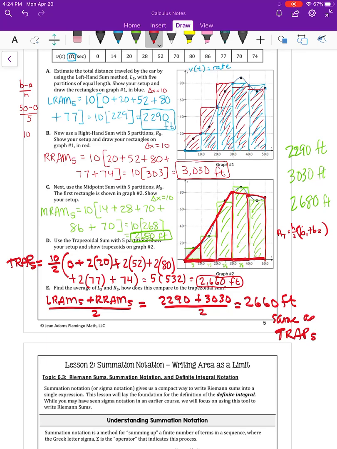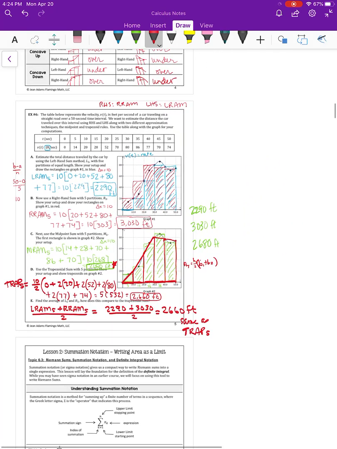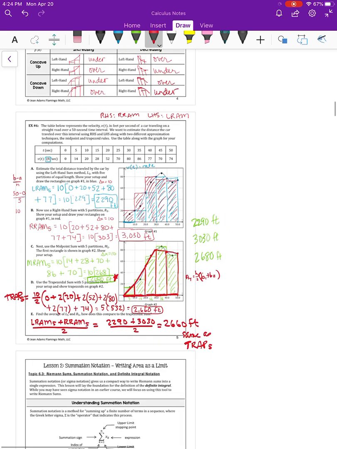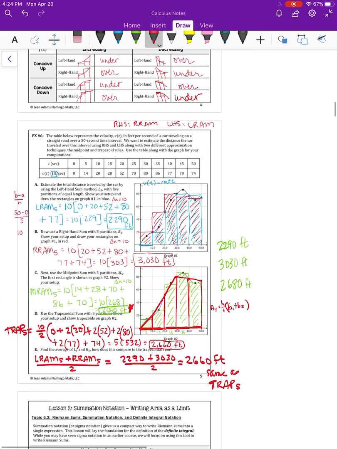That is the same as the trapezoidal 5. So I said that MRAM was the average of those two. I was wrong. It was trap that was the average. I'm so sorry. MRAM is just itself. It is a very good approximation. MRAM is a very good approximation using rectangles.